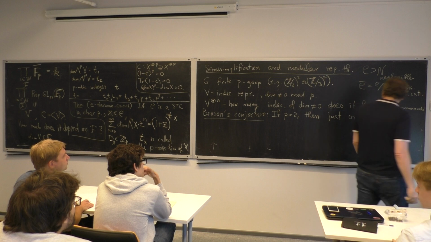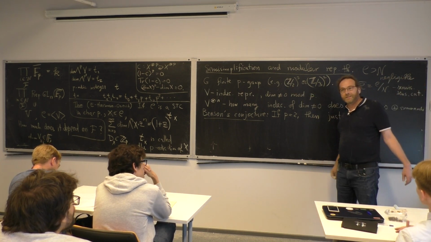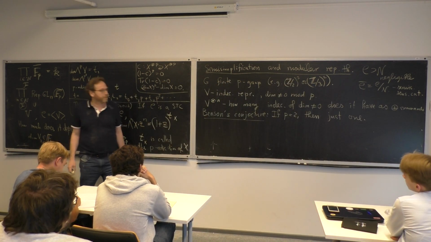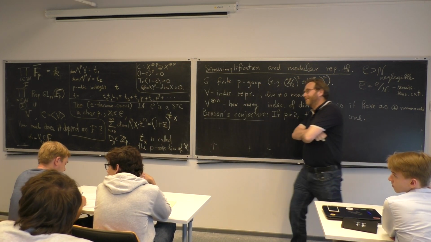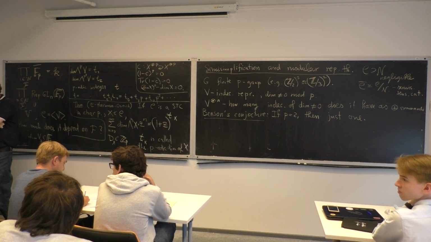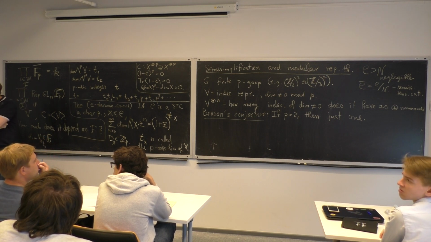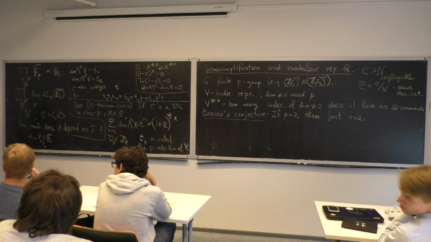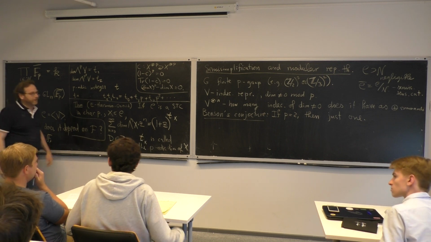And this is checked by a computer in a lot of cases for this group, for example, but still, we have no idea how to prove this. So, decomposing powers of a given representation is not a wild problem, but it is still a very complicated problem. It's complicated, but somehow it's not wild. There is a hope to solve it, and it has a lot to do with what I was talking about, but it's still very hard.